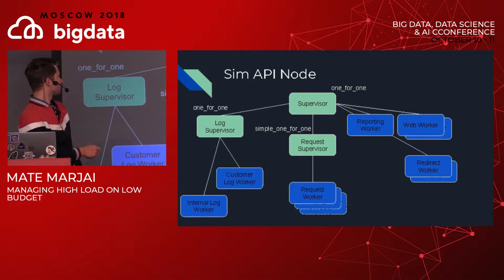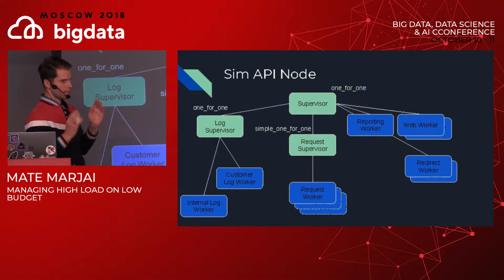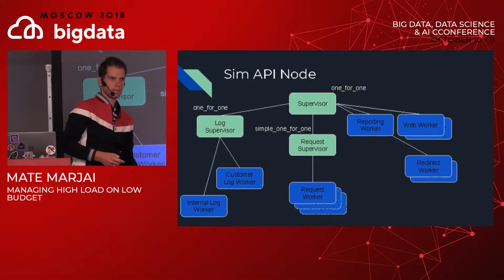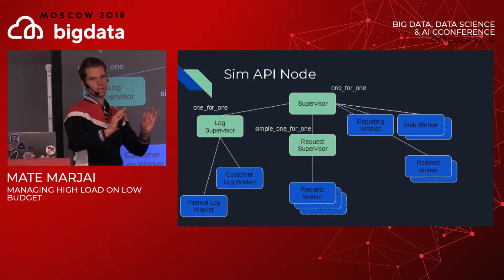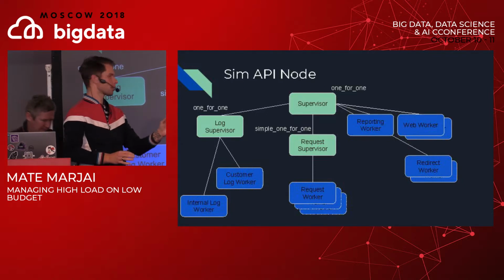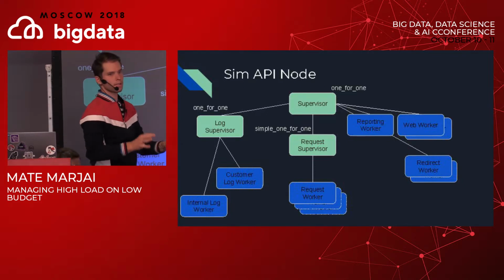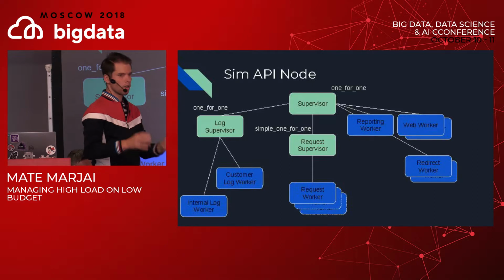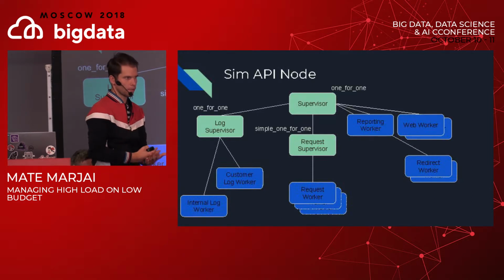In terms of other supervisors, we have a request supervisor. Every single time someone hit our services, we spawned off a single process, so every request had its own process. The process lived as long as your request got through our systems, making sure we had all the logs and all the events logged first.